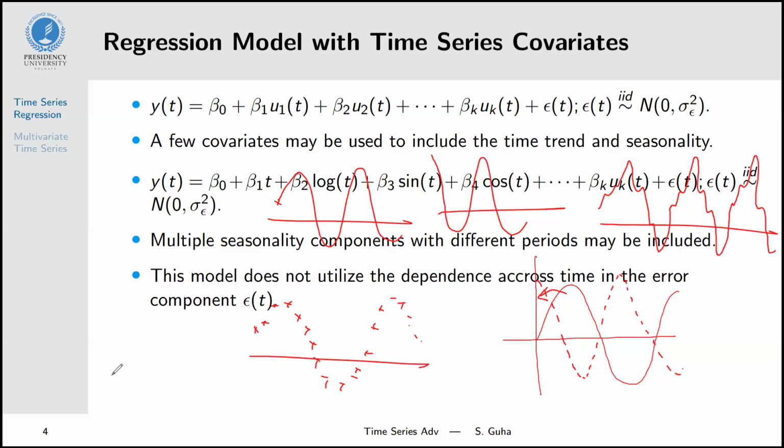Maybe you have to include beta 5 sine 2t, then beta 6 cos 2t, also. That all depends on what type of seasonality you are observing. All right, sir. Thank you.